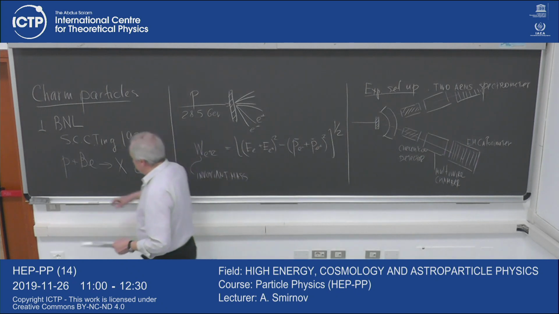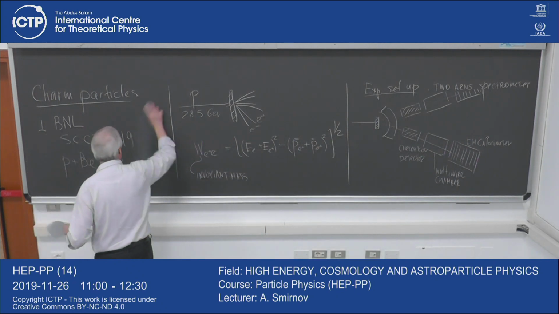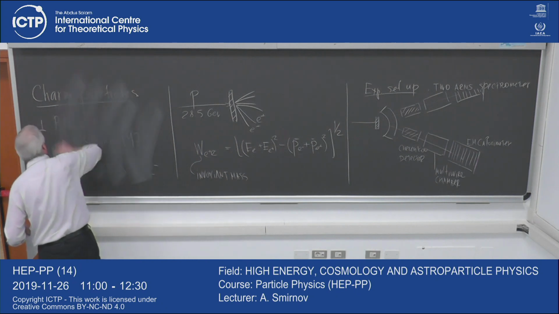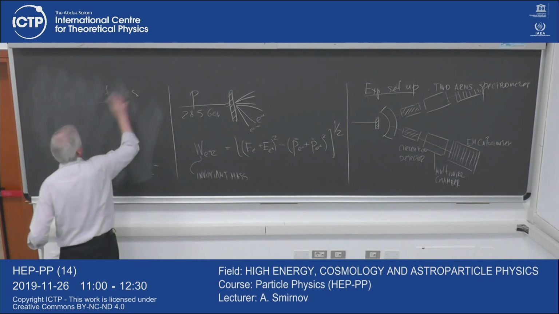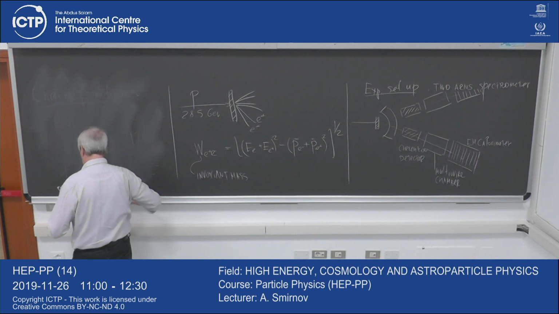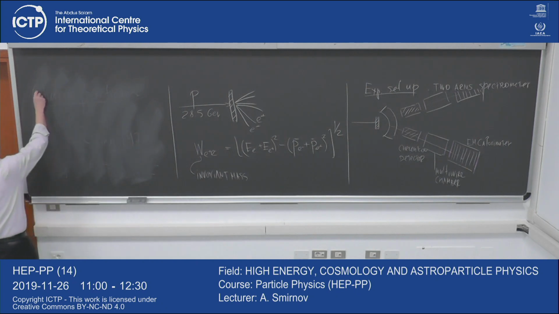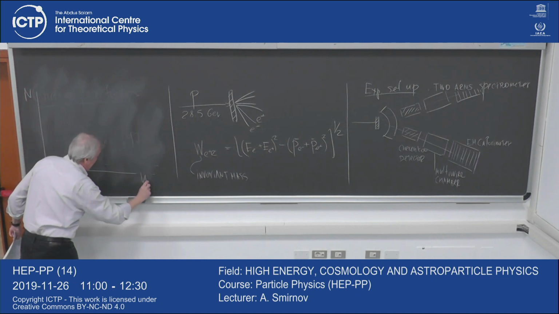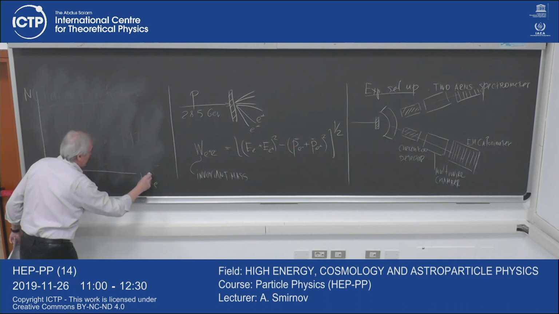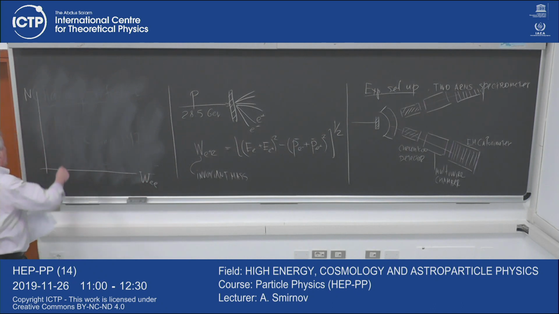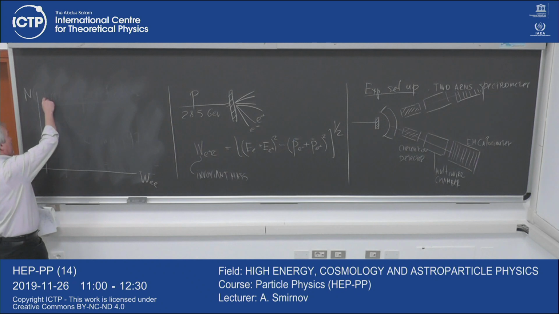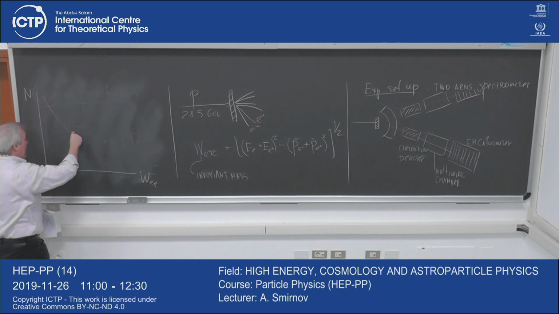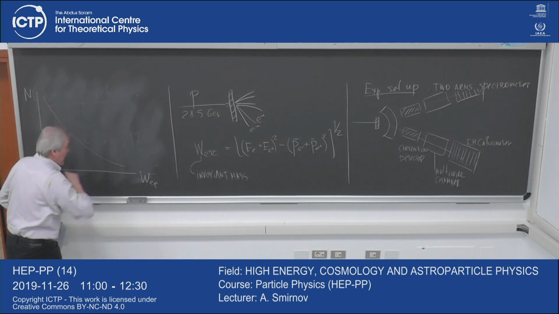So what is the result of the experiment? What was measured is the number of events with a given invariant mass. In general, the distribution looks like the background.